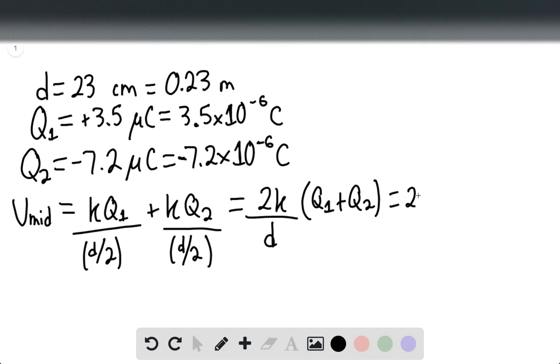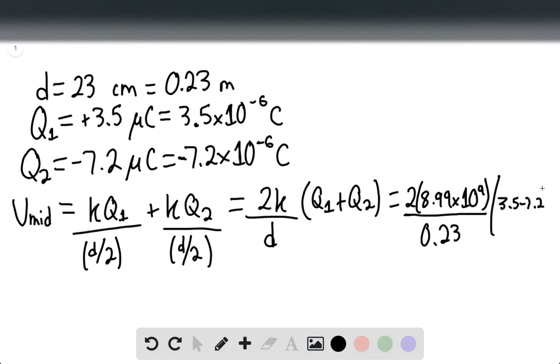So this would be 2 times 8.99 times 10 to the 9th divided by D. In this case, D is going to be 0.23, and then it'll be times 3.5 minus 7.2 times 10 to the negative 6.